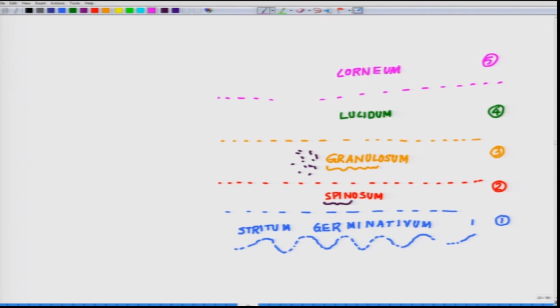Now we will discuss each one of these layers in detail, which is essential for you people. The lowermost layer forms the epidermal ridges, as I have already mentioned, and it increases the surface area by forming those ridges. The cells present here anchor to each other by hook-like projections called hemidesmosomes.